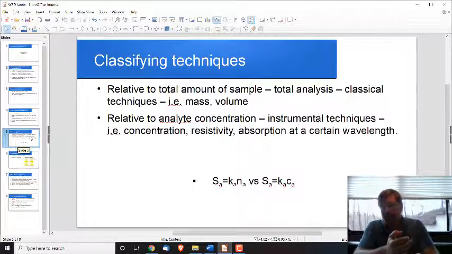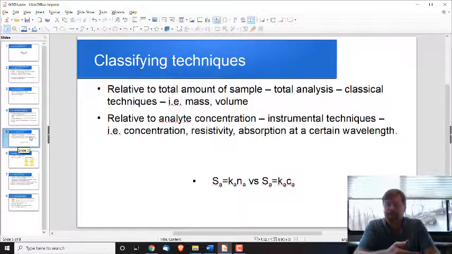No matter how much ultra pure water you have, that resistivity doesn't change. It changes with the salt concentration in the water, not just sodium chloride type salt, but broadly ion concentration in the water. Same thing with absorption at certain wavelengths. That changes with the concentration of whatever's absorbing light at that wavelength.